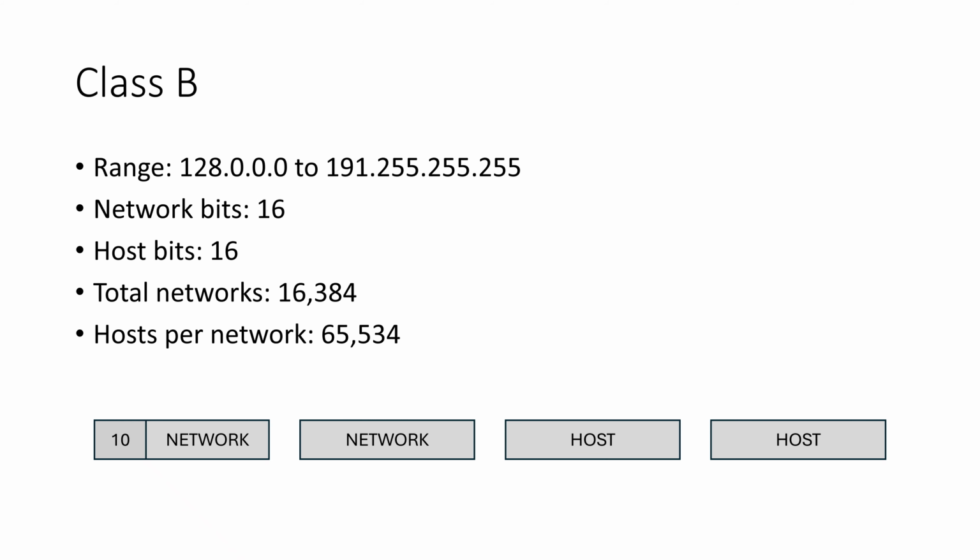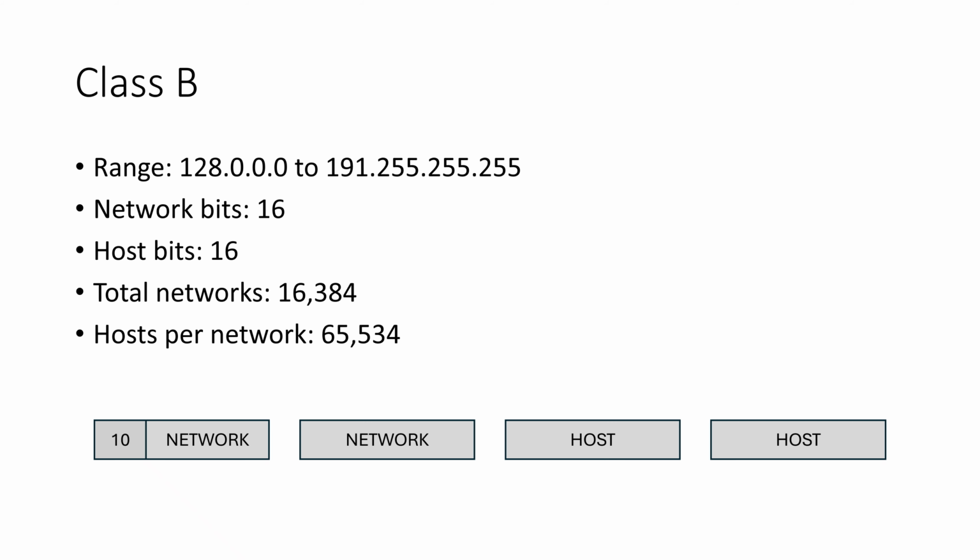Class B addresses were designed for medium-sized networks. They range from 128.0.0.0 to 191.255.255.255. In Class B, the first 16 bits identify the network and the remaining 16 bits are for hosts. And here the first two bits are 1 and 0.